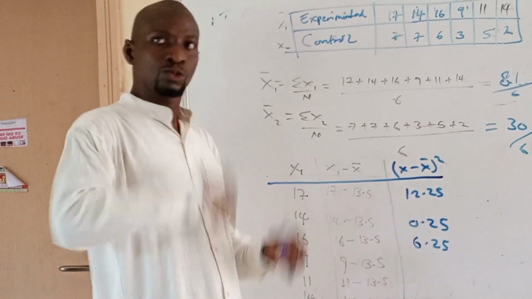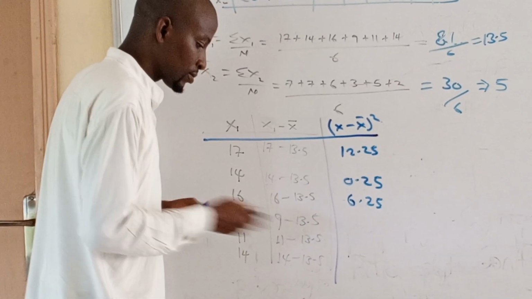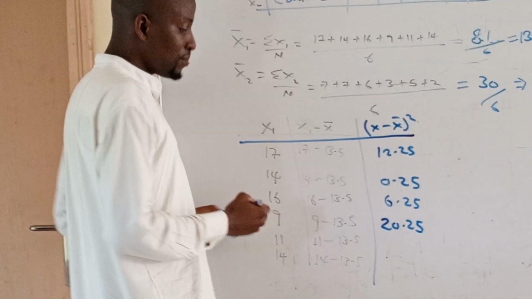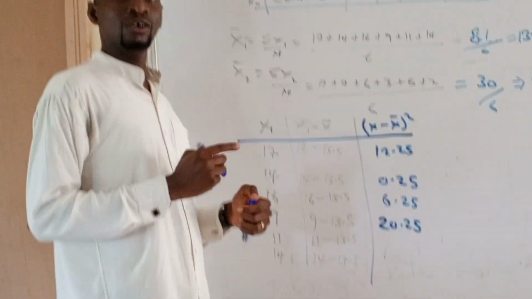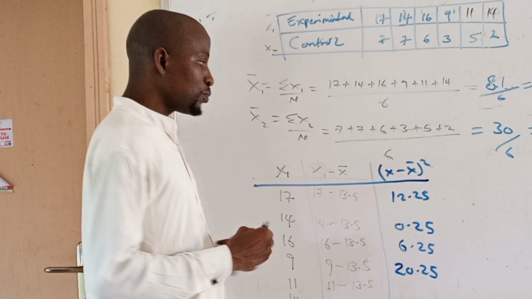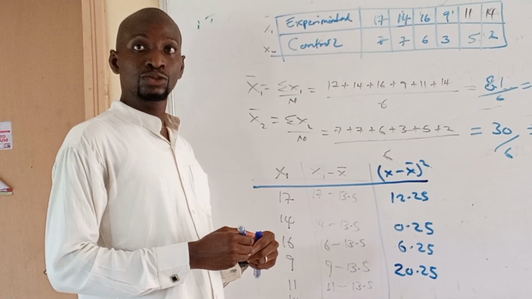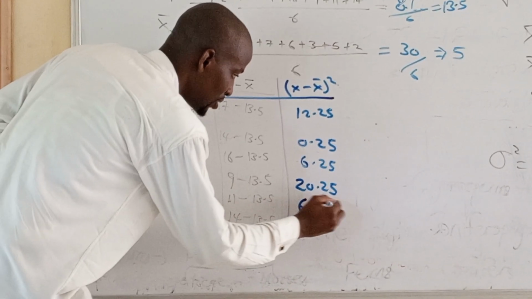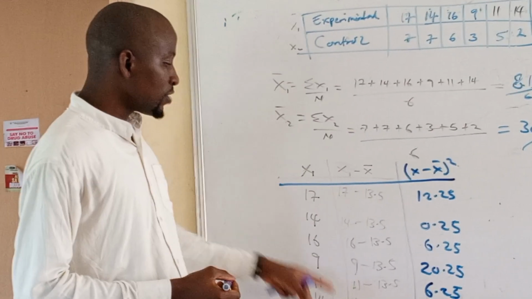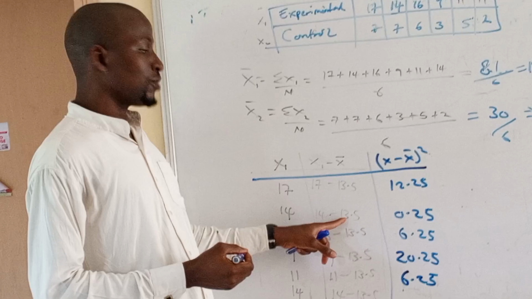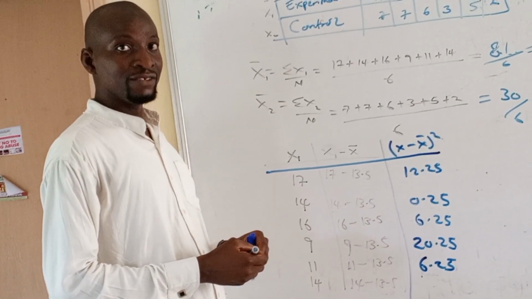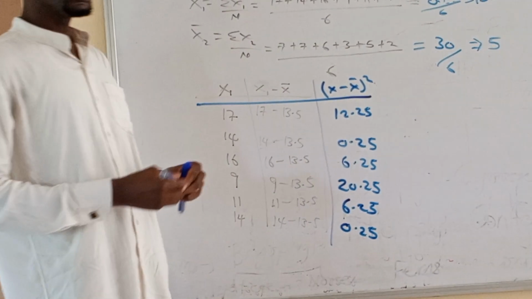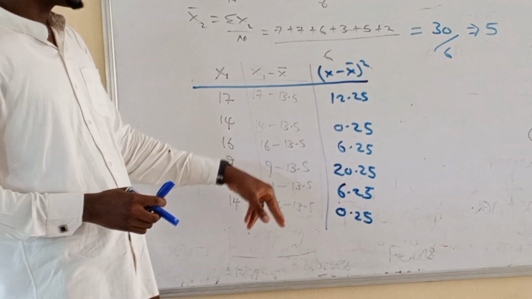So minus 4.5 square will then give you 20.25. 11 minus 13.5 is obviously minus 2.5. Minus 2.5 squared will then give you 6.25. And lastly, our 14 minus 13.5, just like what we have here, is 0.5. Then the square will be 0.25.